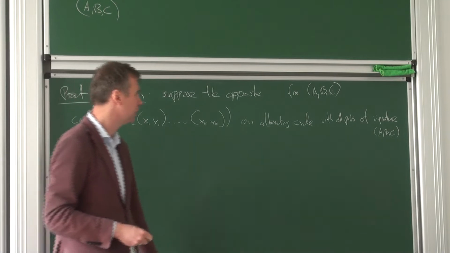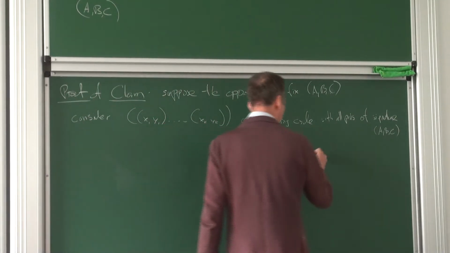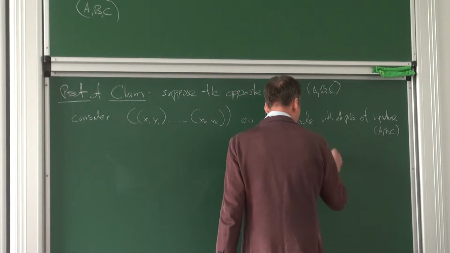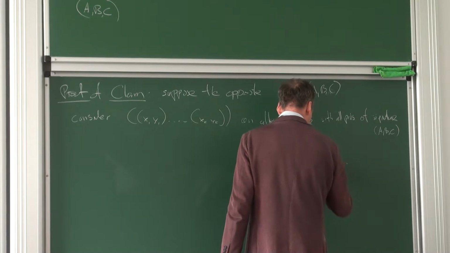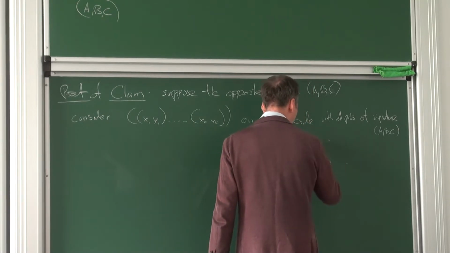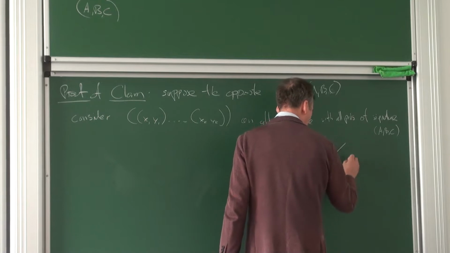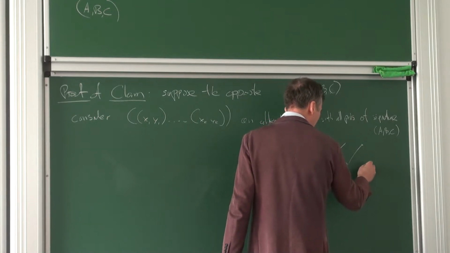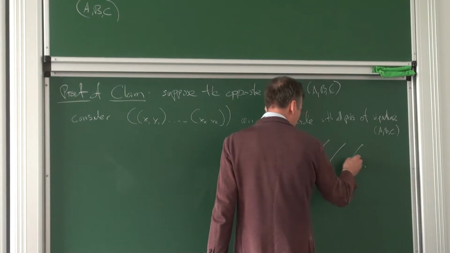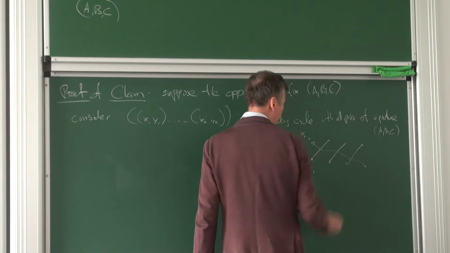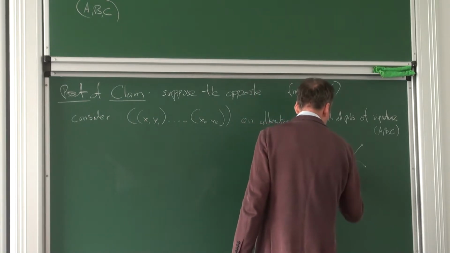What do we do? A quick reminder: an alternating cycle is this animal that sends these incomparabilities, and then at the very end you send this one. So this is x2, y2.